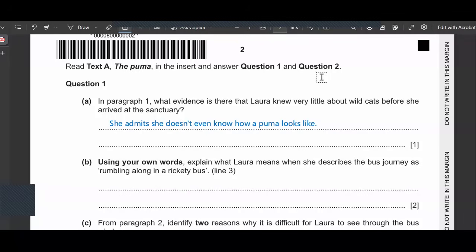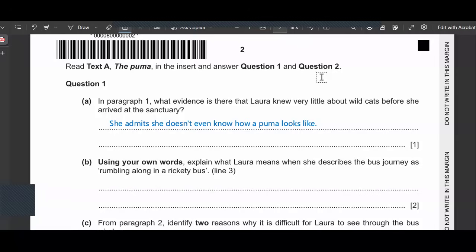The beginning of the question was "in paragraph number 1", which makes us realize that this is an explicit question. In question number 1, we are basically assessed on our explicit and implicit skills. Explicit details are clearly mentioned by the author in the text, whereas implicit details are presented as clues in the text. From the examiner's point of view, if the question requires you to quote something already mentioned in the text, then the question is explicit.